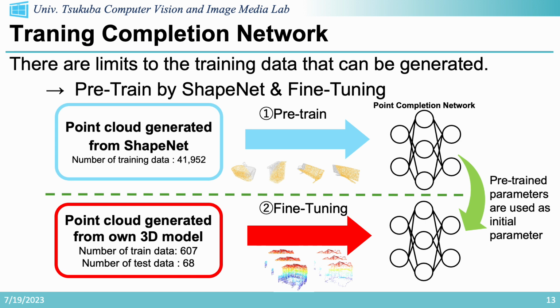The network is pre-trained by generating point clouds from various categories of CAD models in ShapeNet, and fine-tuning is performed using the pre-trained parameters. This ensures completion accuracy even when training on a small dataset.